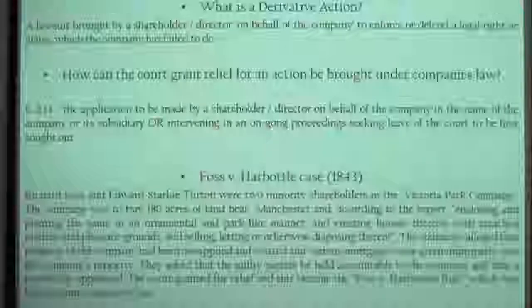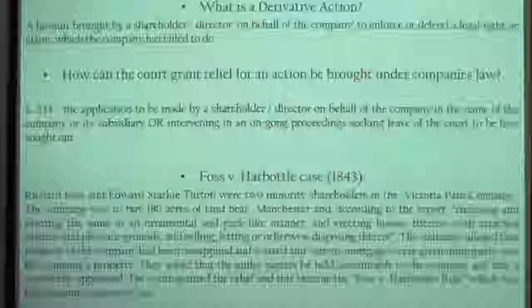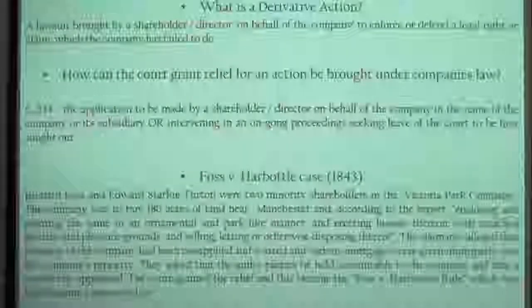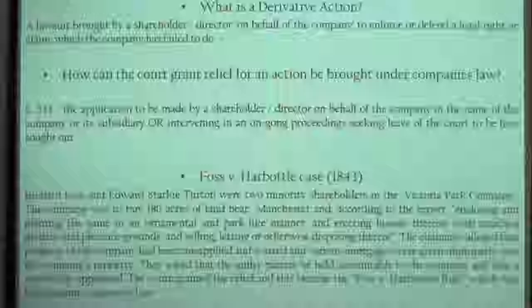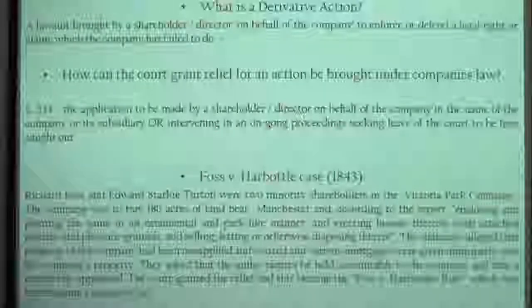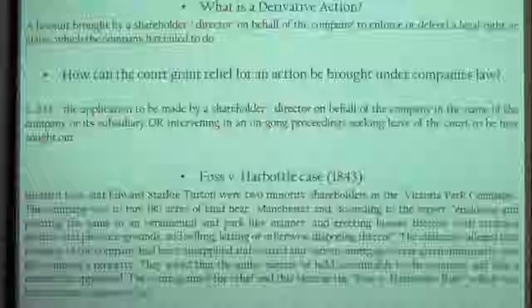Section 34 is quite clear in the company's law on how such an action can be brought, and in the first place the petitioner can ask for a restraining order from the court to restrain these respondents from acting adversely towards the interests of the company.